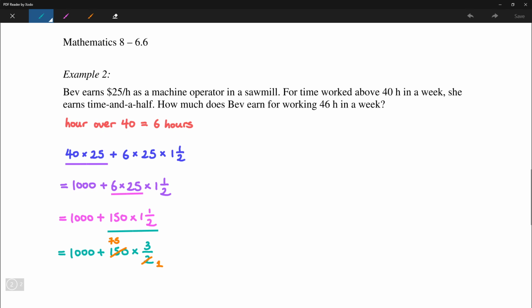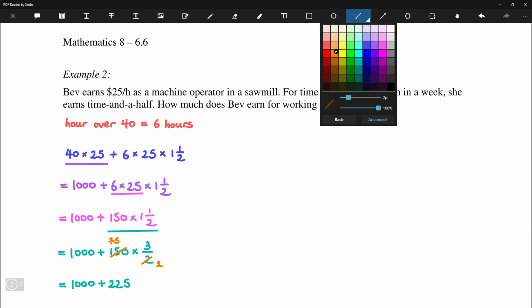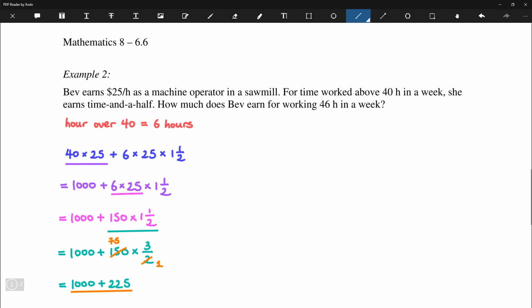So 75 times 3 is going to be 225. And of course, the final operation is to add the two numbers together. So the pay for Beth for the week will be $1,225 for 46 hours.